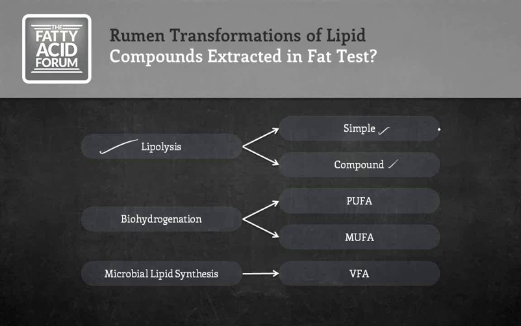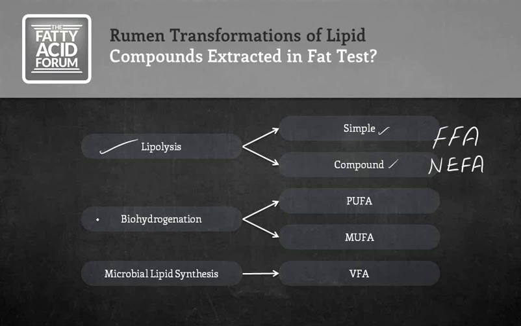Following its very quick and extensive release, it will result in the accumulation of free fatty acids in rumen contents. We could also refer to this as non-esterified fatty acids. The two are synonymous, simply meaning fatty acids no longer connected to the glycerol backbone.